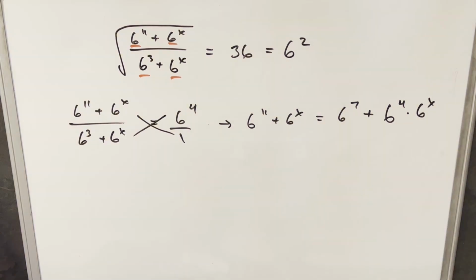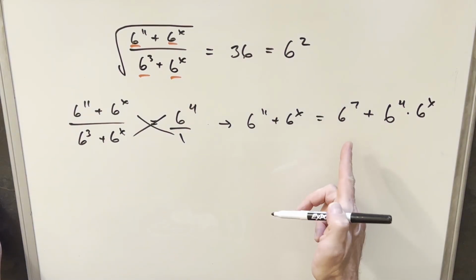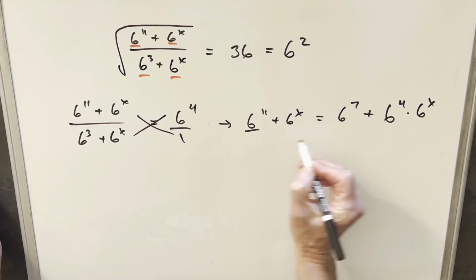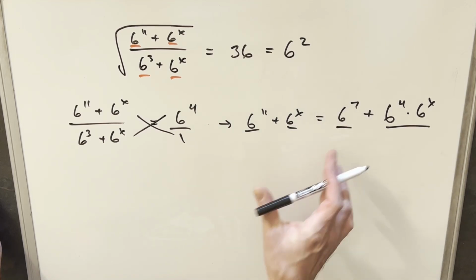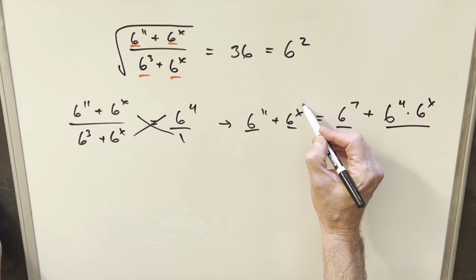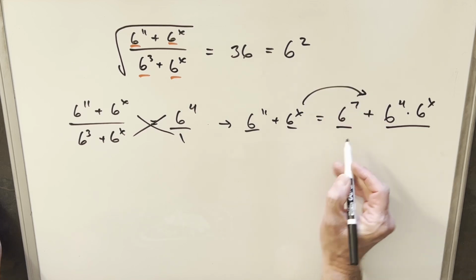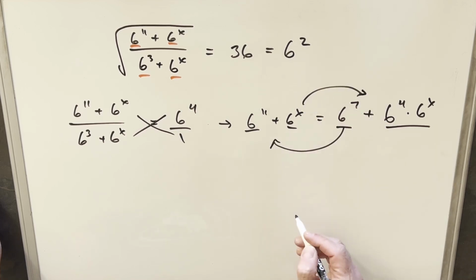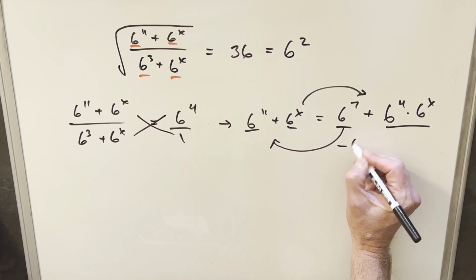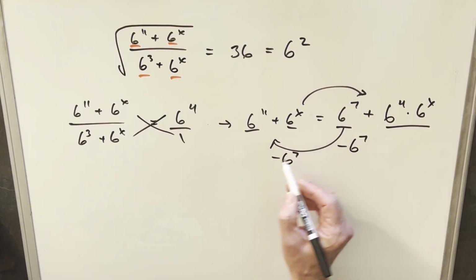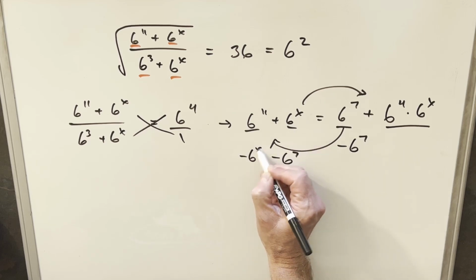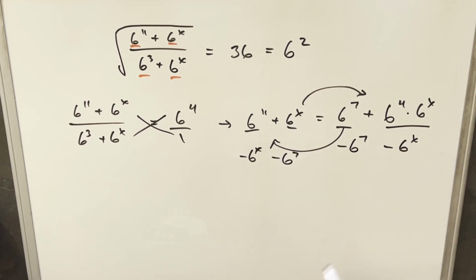And what I would like to do is, these are just numeric values, and then these have x. So I want to get them on the same side. In other words, I want to get my 6^x here and get this over here. I can do that by subtracting a 6^7 on both sides, and over here, subtracting a 6^x.